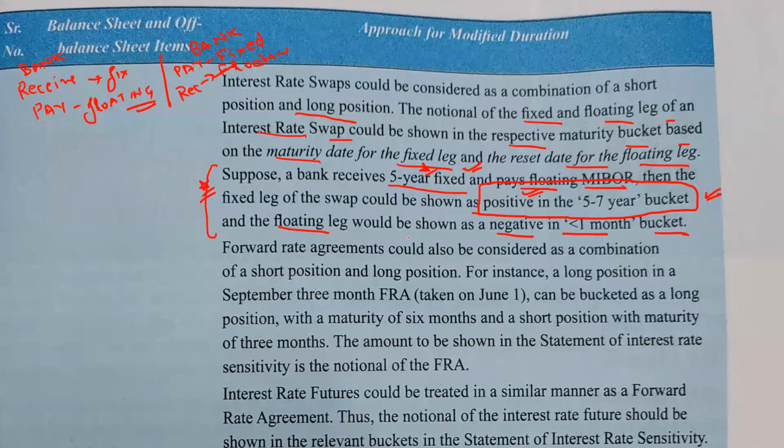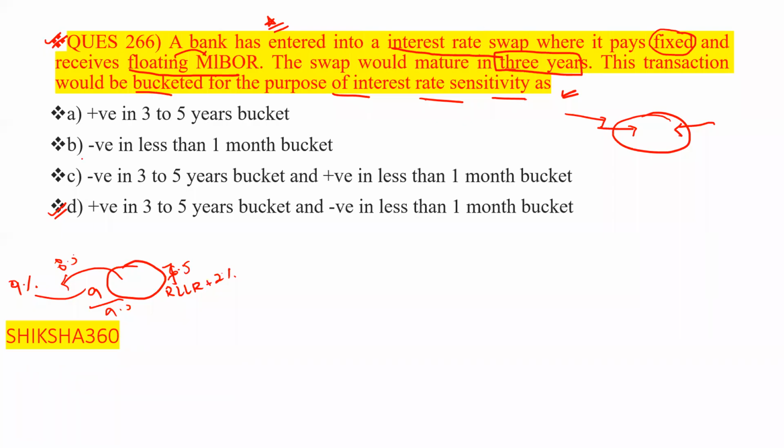Here it is a 5-year, and in this question it is a 3-year floating MIBOR. So our answer is negative in the 3 to 5 years bucket and positive in the less than 1 month bucket.